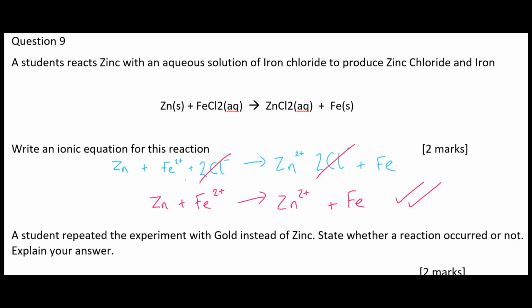It's not very reactive at all. So that probably means that no reaction would take place. And the reason for that is that gold is unreactive. So we get 1 mark for no reaction and another mark for explaining our answer.